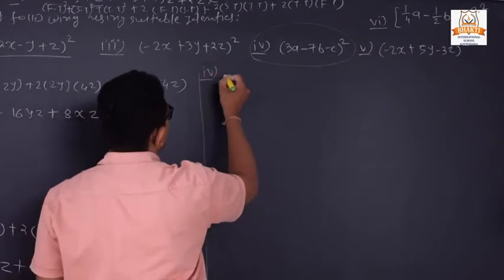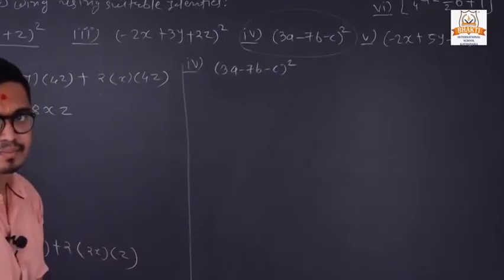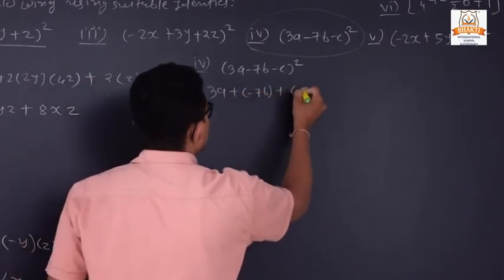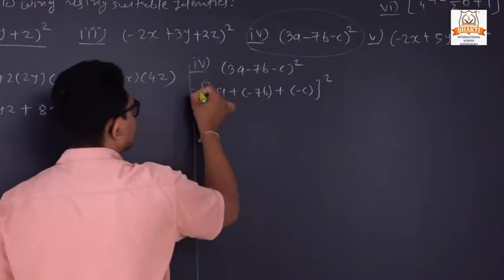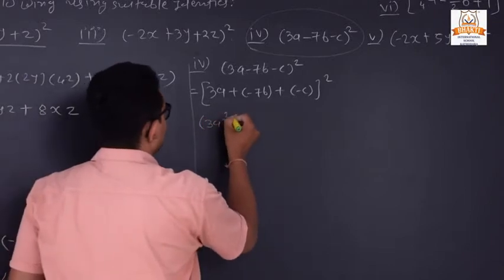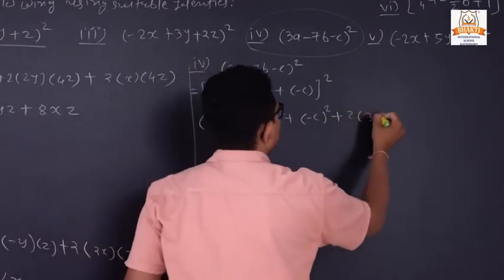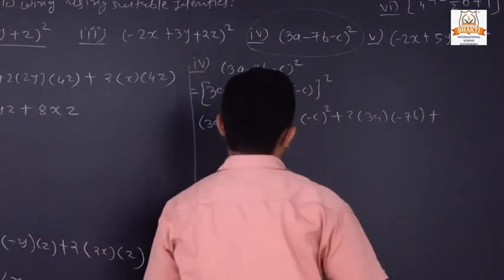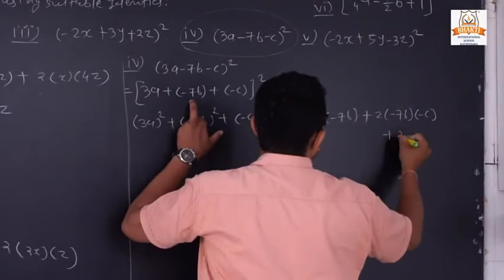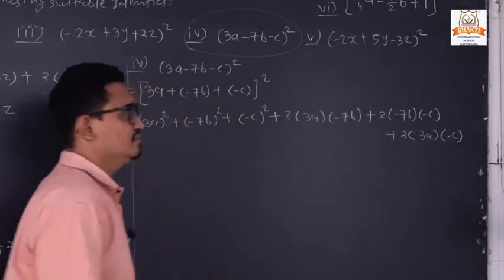So question 4: 3a minus 7b minus c all square. We can also write it like that: 3a plus 7b plus minus c all square. Now we apply our identity: first term square plus second term square plus third term square, 2 into first term into second term plus 2 into second into third plus 2 into first and third term.